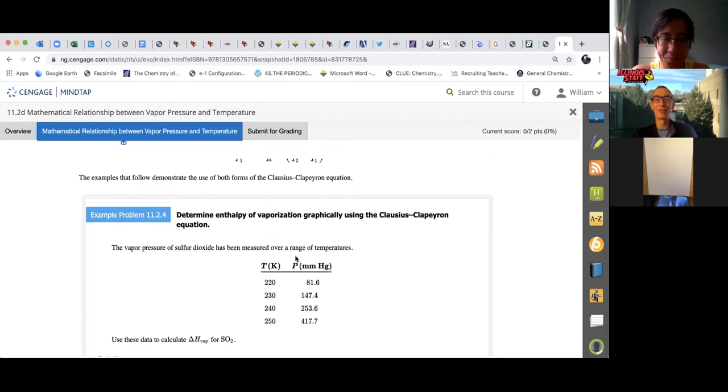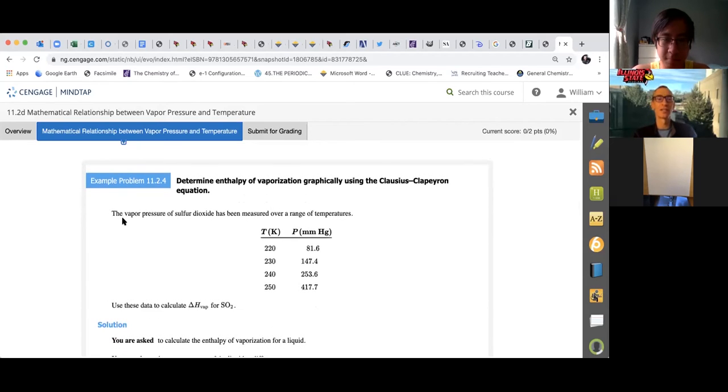And I think what they're showing us here is, okay, so it says the vapor pressure of sulfur dioxide is measured over a range of temperatures. As the temperature increases, goes from 220 to 230 to 240 to 250, the vapor pressure increases. Oh, what does that mean? I think that means the hotter it gets, the more it's trying to escape from being a liquid.